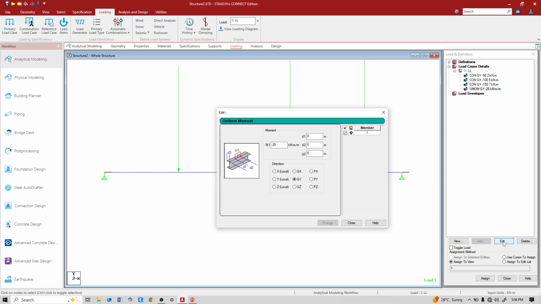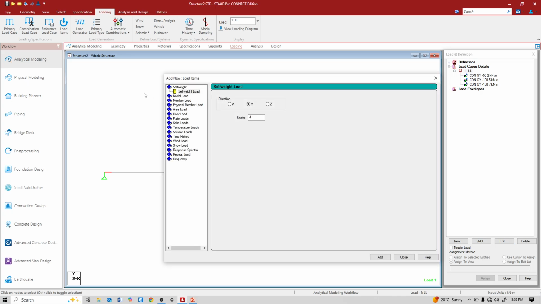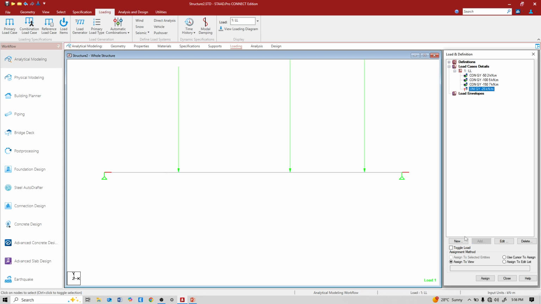This is not movement, it is uniformly distributed force. In member load it is uniform force, yes, minus 25. So analyze it.